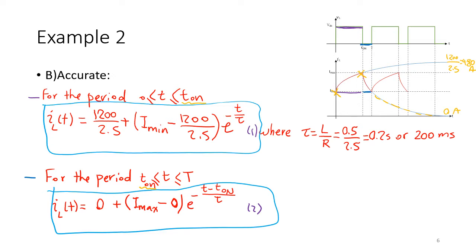When we have an inductor in the system, the current cannot jump or fall abruptly. That's why T on should be okay for both of them, because you can see there is no jump here for the current at the point T equal to T on. Any question here?